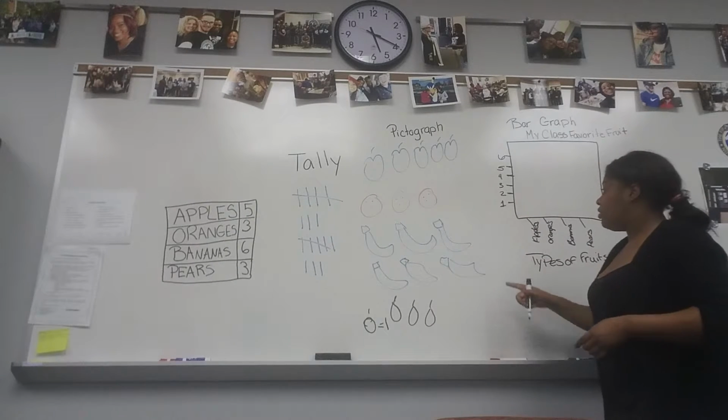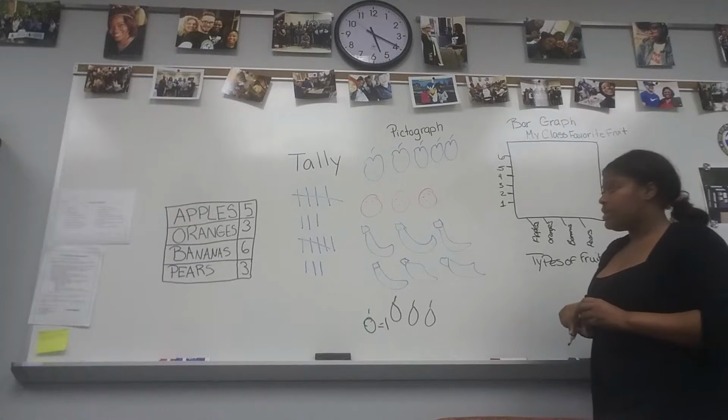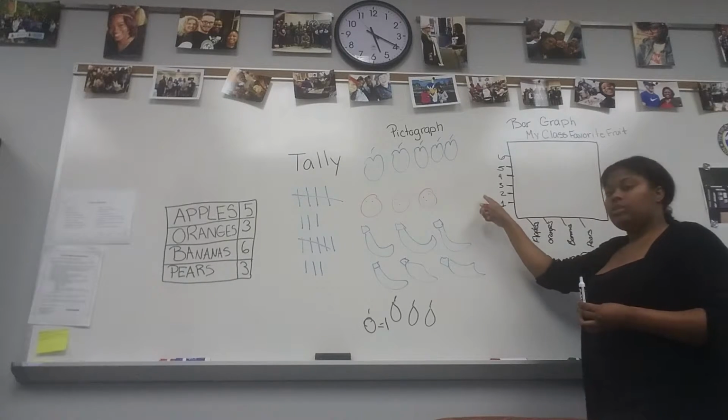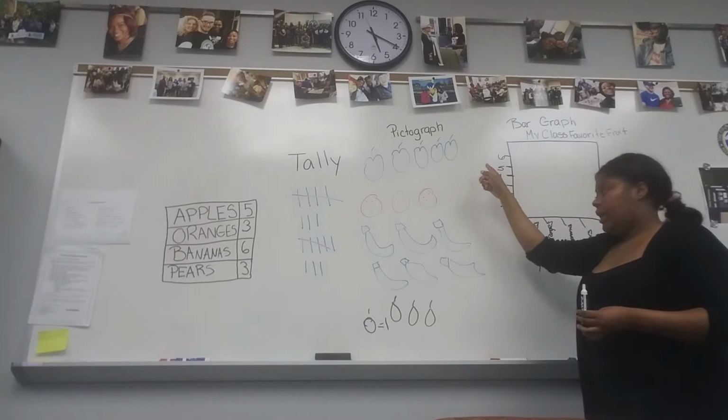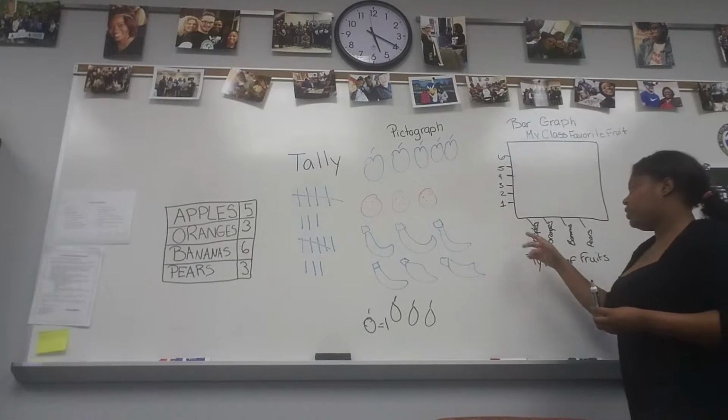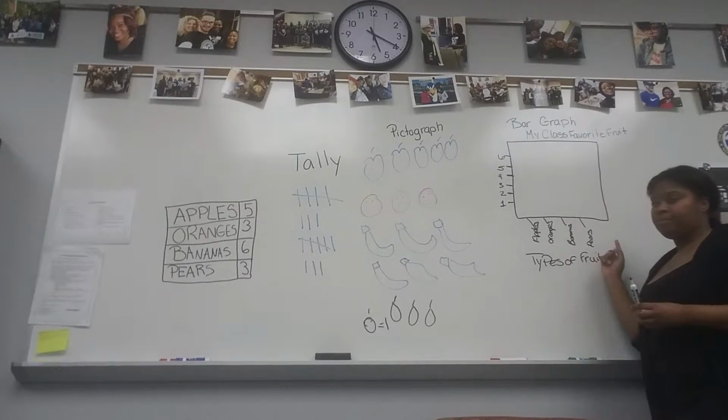Okay, so your horizontal side represents how many of each fruit that you have. And then at the bottom, you put what types of fruit that you have.